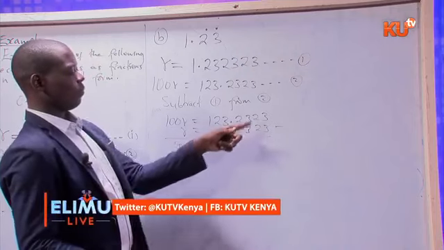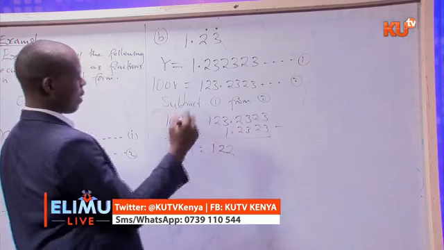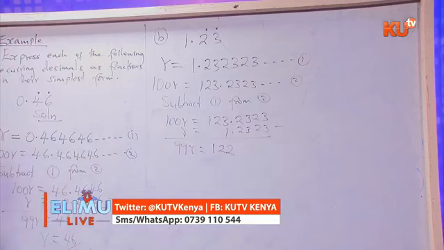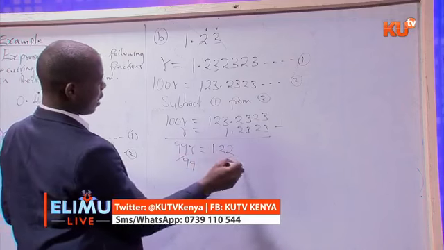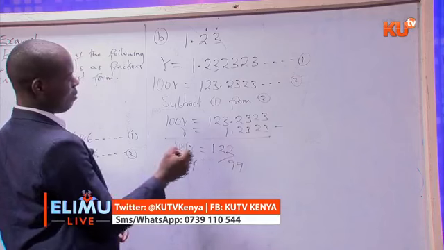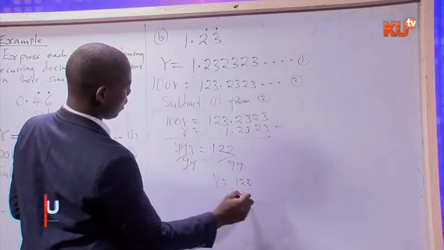Then the decimal part is 0. So this is 2, this is 2, and this is 1. So how do you get R? We divide this by 99, and our R is 122 over 99.